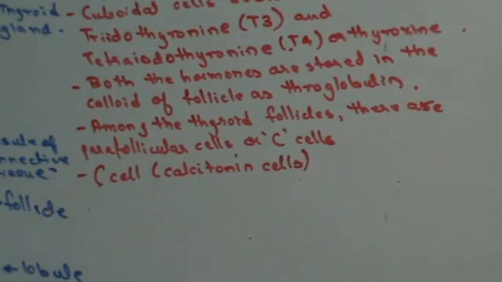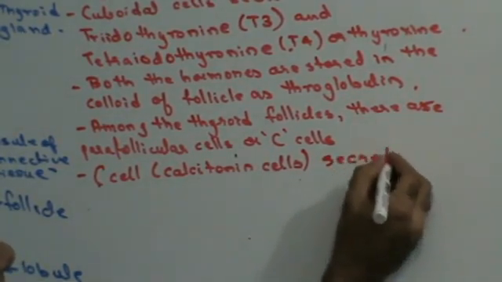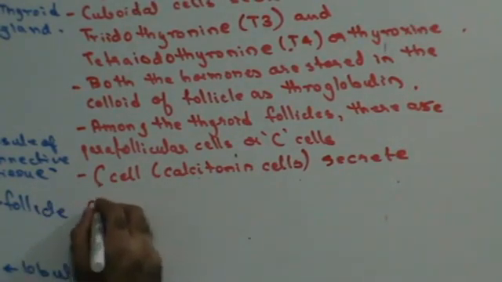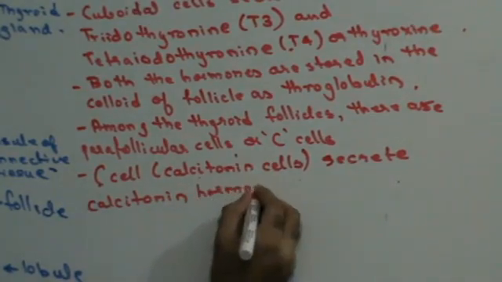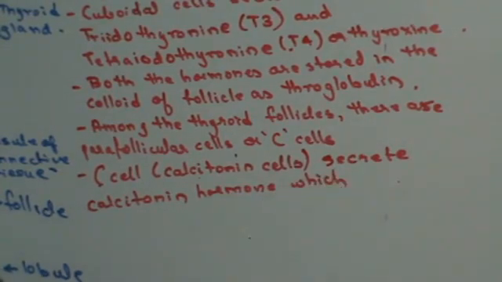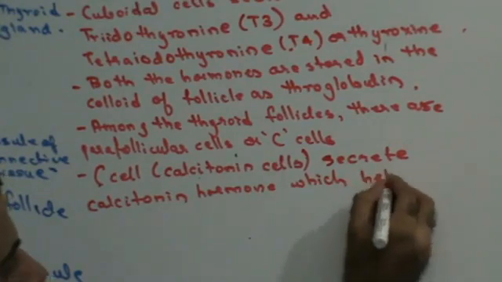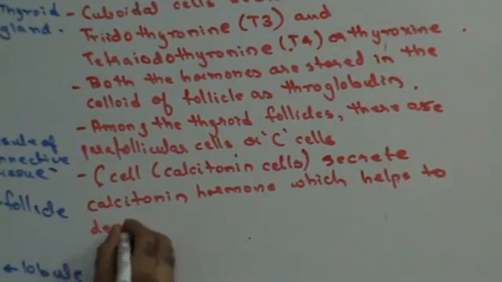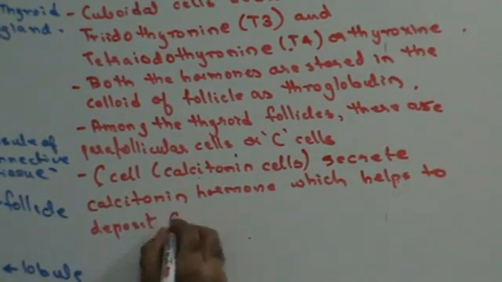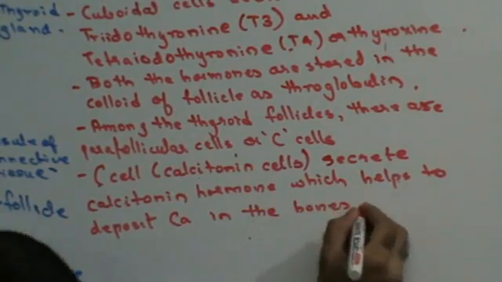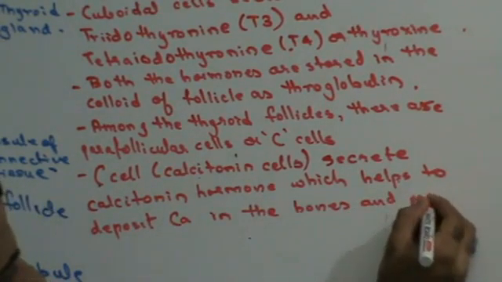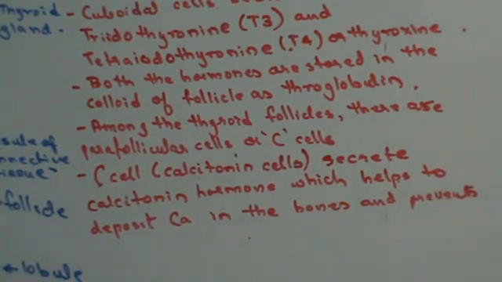The C cells secrete calcitonin hormone, which helps to deposit calcium in the bones and prevents hypercalcemia.